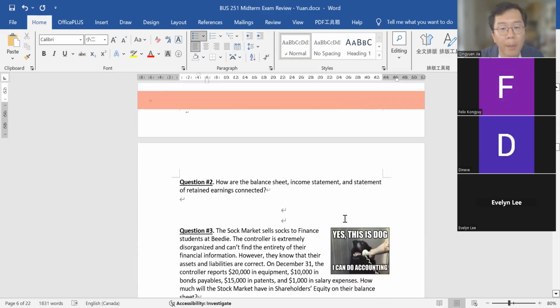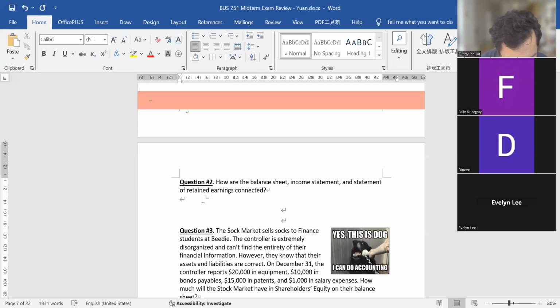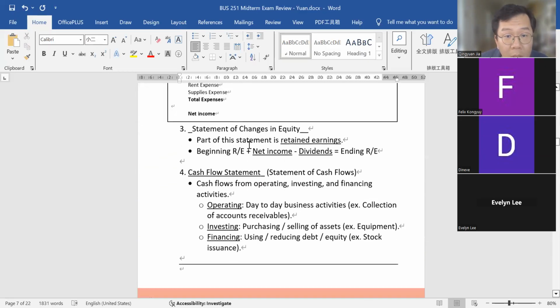So how are the balance sheet, income statement, and statement of retained earnings connected? Actually we have talked about this in the tutorial before. So the income statement produces net income, right? And net income is added to retained earnings because we use this equation here.